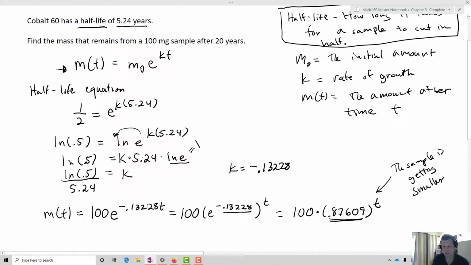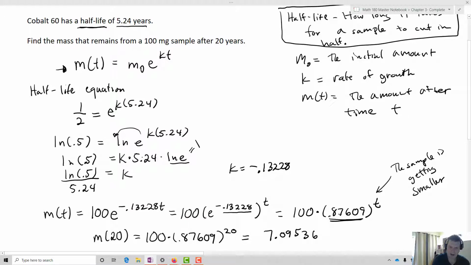Now, in order to figure out how much is left after 20 years, I'm just going to find m of 20. So m of 20 equals 100 times 0.87609 to the 20th, which ends up equaling 7.09536 milligrams.